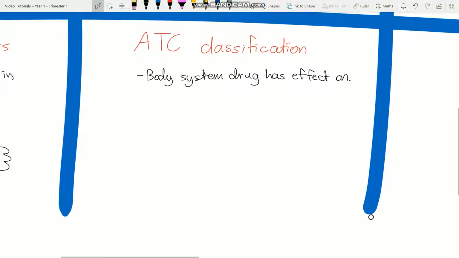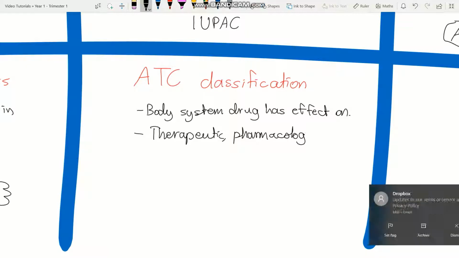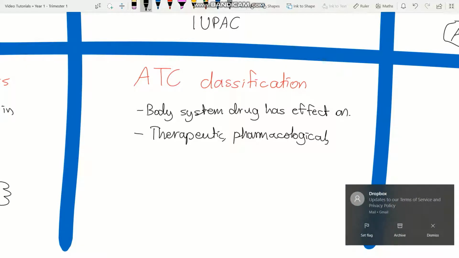So, for example, this can be categorized based on the therapeutic, pharmacological, and chemical effects.